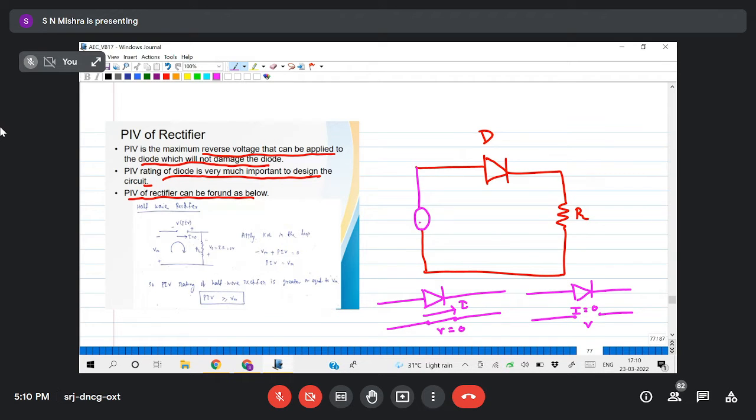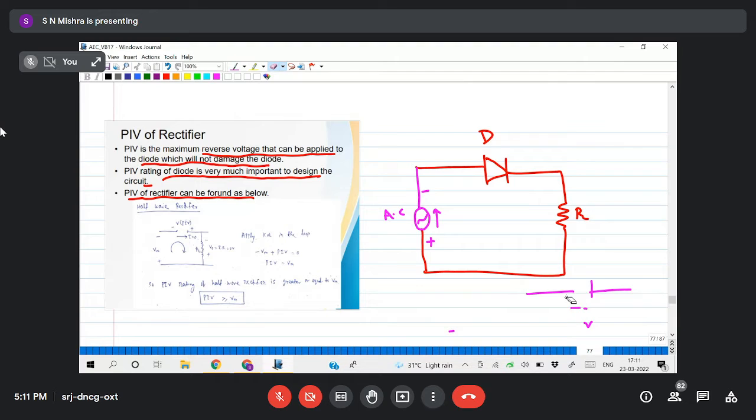So here I'll give minus plus. Minus plus, or plus to minus if you go from this, is representing the negative half cycle. So when I give the negative half cycle, will the diode be on or off? In this condition, off. Off means this is an open circuit.